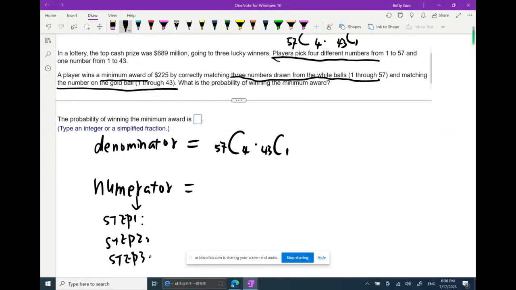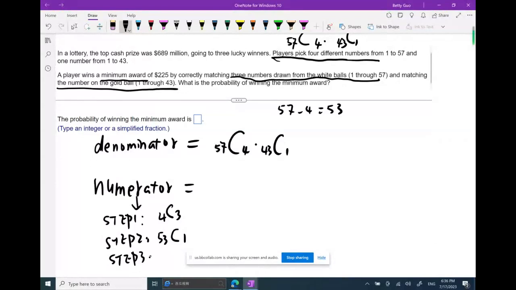The first thing, you have 3 matching numbers. There are 4 matching numbers in total. So of the 4 numbers you draw, 3 of them come from the 4 matching numbers, and 1 number is from the, what is 57 minus 4? 53 numbers.